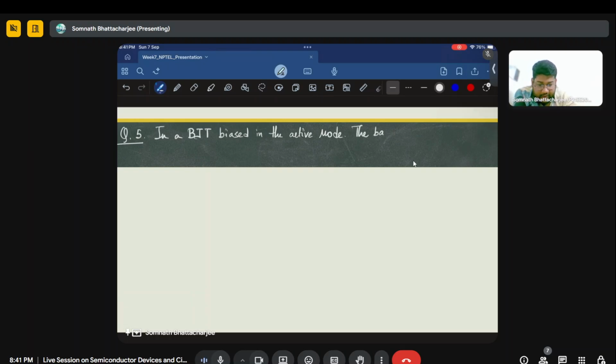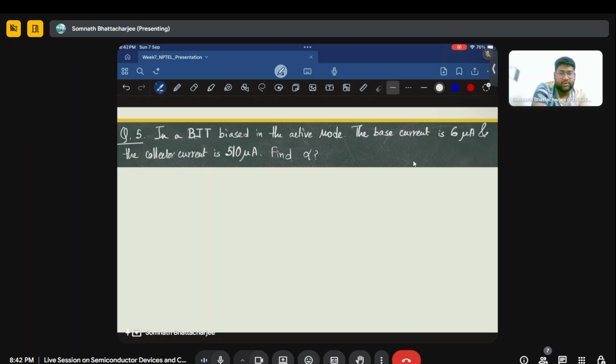Now, as they have said, the base current is 6 microamperes, and the collector current is 510 microamperes. Find alpha. So it's a very simple one. Take a minute or two and try to solve this.